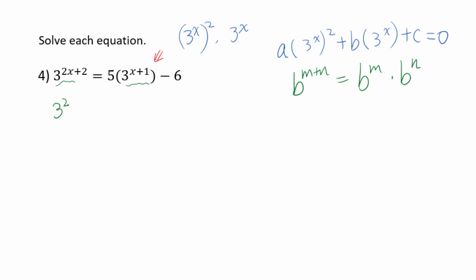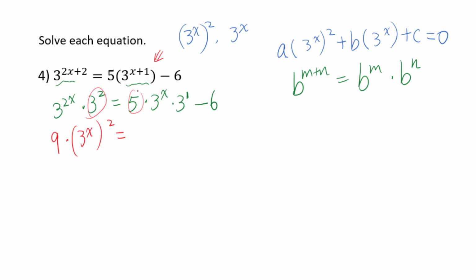3 to the 2x power times 3 squared equals 5 times 3 to the x power times 3 to the first power minus 6. This is a 9. 9 times 3 to the x power squared equals 5 times 3, which is 15, times 3 to the x power minus 6.